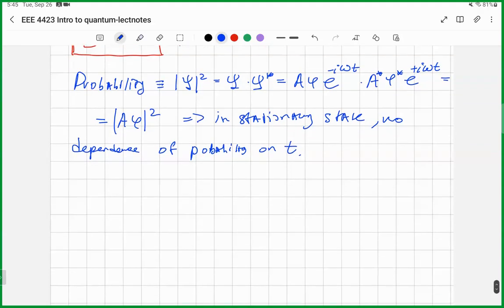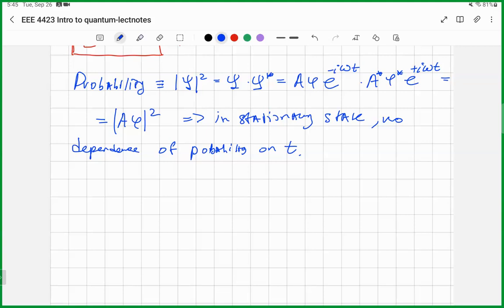Okay, so this is what we mean when we discuss, for example, the hydrogen atom. For the hydrogen atom, we write down the Hamiltonian for the electron in the Coulomb field of the nucleus, the proton, and that's a solvable problem that can be solved analytically.